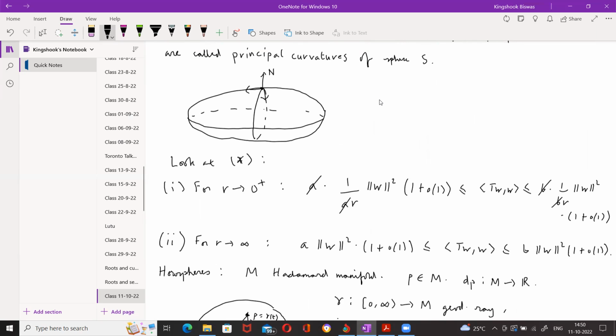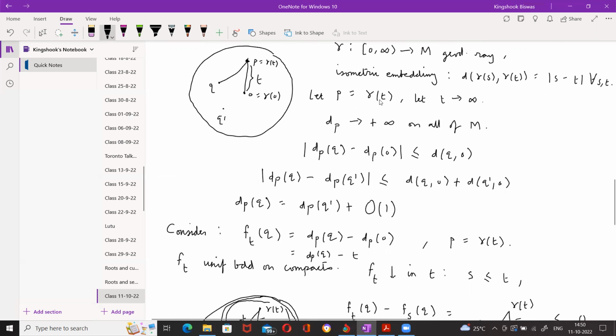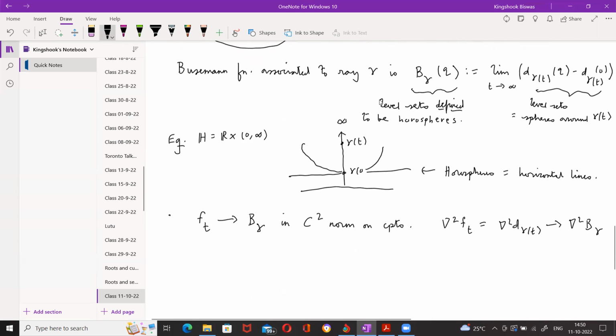Okay. And like for the spheres, the gradient vector field of the Busemann function will be the unit normal vector to the horospheres. So in this picture, these are horospheres.